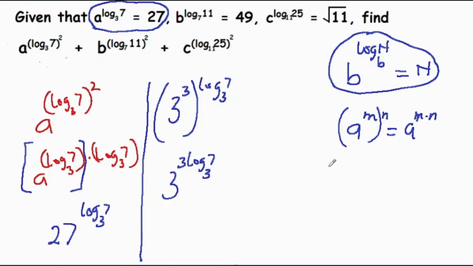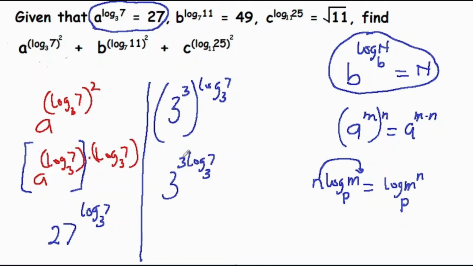Now let's recall another property of logarithm. If we have n log m base p, the n behind here will come up to become the power of m, and you're going to have log m raised to power n base p.